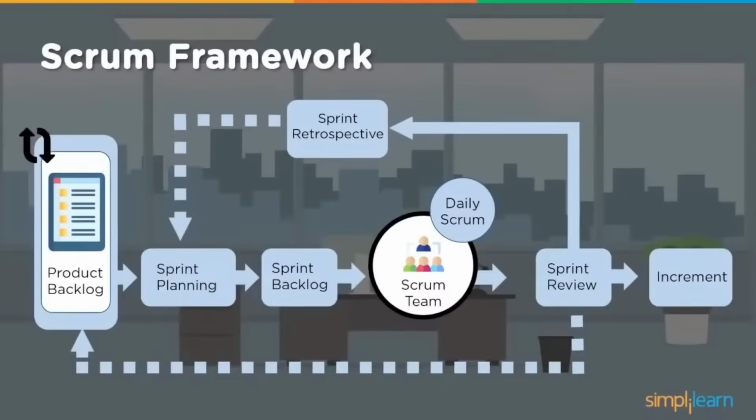Then the increment is delivered, and at the same time the retrospective, what was planned versus what is delivered, is checked. If you look at it from sprint review, you have a retrospective to check what is planned versus what is being delivered. At the same time, the review points will come and get updated to the product backlog as well as to the product owner. So the product owner should be aware of what is delivered and what is pending to be delivered, and that increment is further delivered.